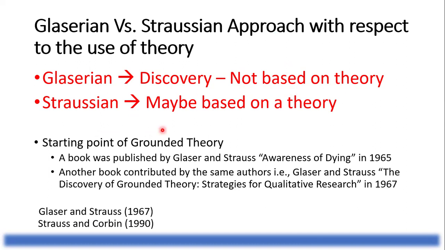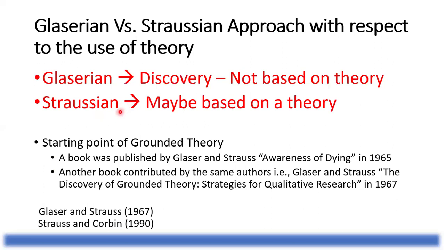If there is no theory behind, we can develop it. And if there is a theory which is not fully developed, or which is under development, we can fully develop it using the collection of more data.